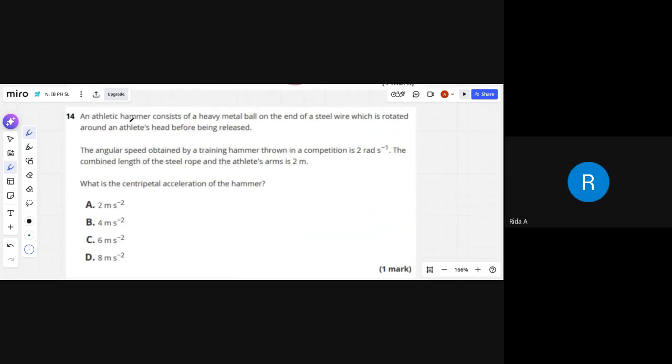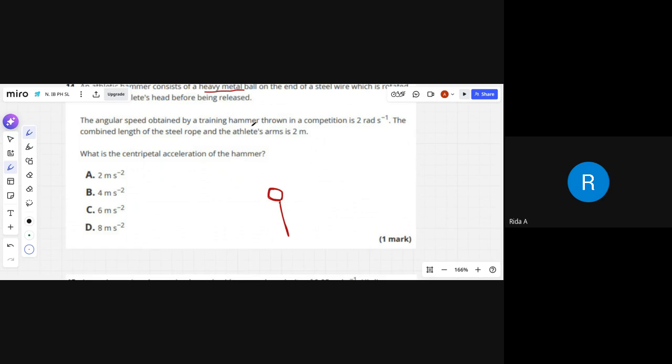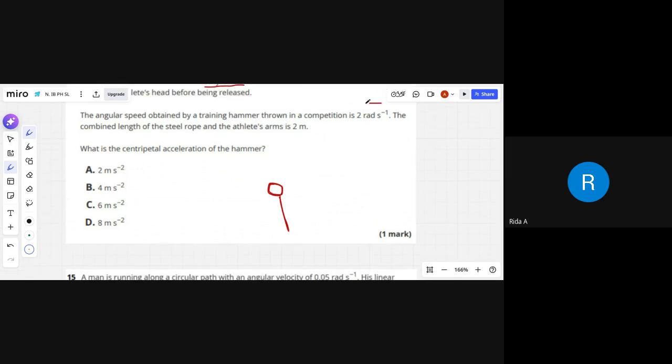An athletic hammer consists of a heavy metal ball on the end of a steel wire, which is rotated around an athlete's head before being released. So you could just again think of a metal object and a string. The angular speed obtained by a training hammer thrown in a competition is this, so you have your angular speed given.